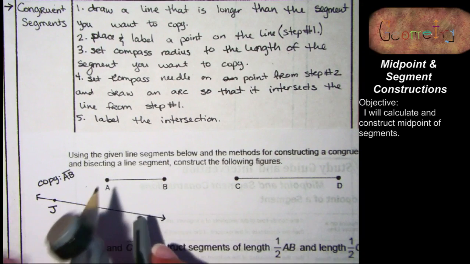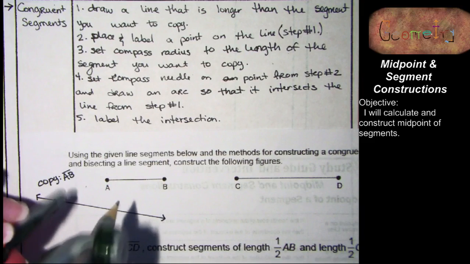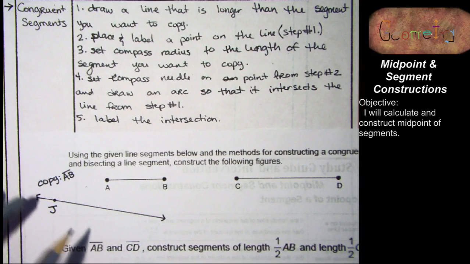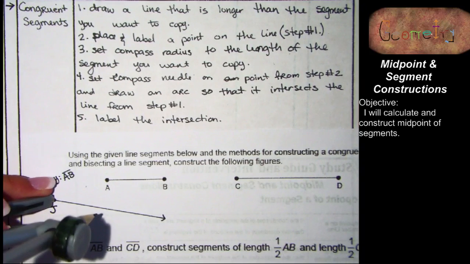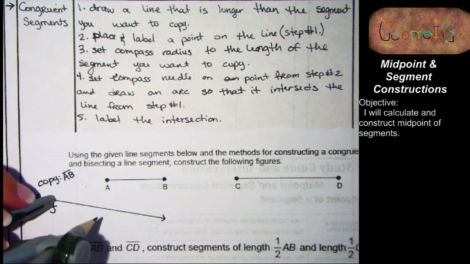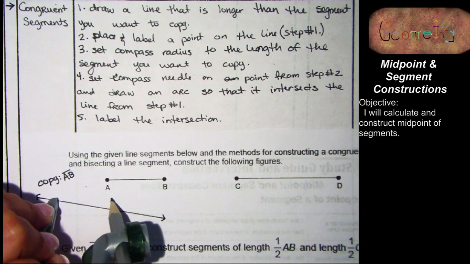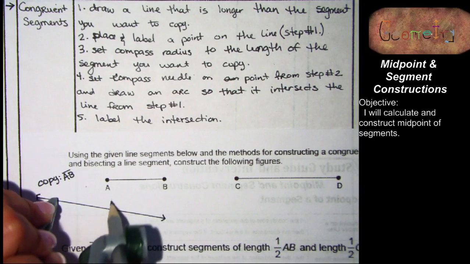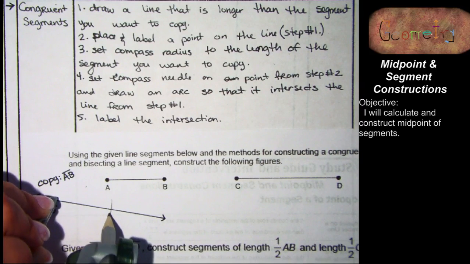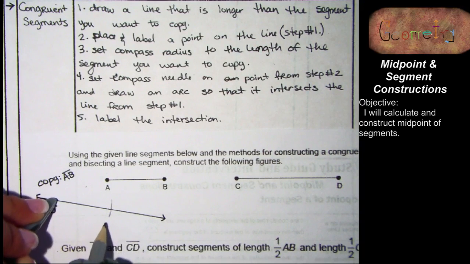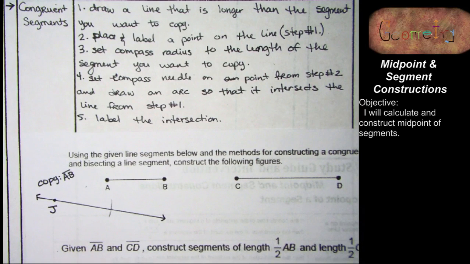Then, making sure that my compass legs don't get smushed or spread open, I'm going to place the needle on J, and I'm going to draw an arc. I'm going to draw it as dark as I'm able to without making my compass get all smushed. And I'm going to make sure that it's big enough that it intersects my line.